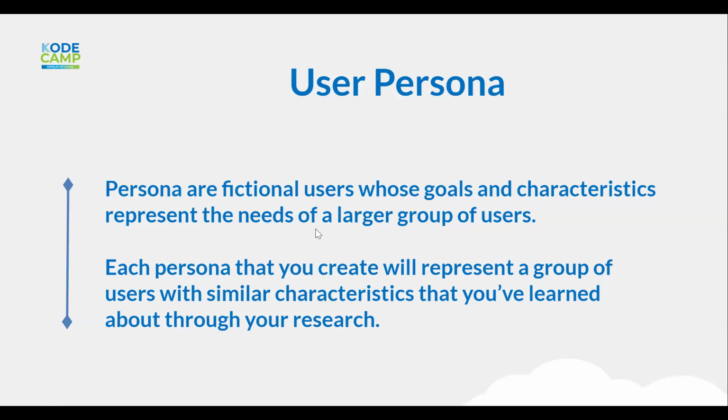To build empathy, you must first understand what your users are going through by asking them questions: demographic questions like their age, their gender, their goal, their need, their frustration.